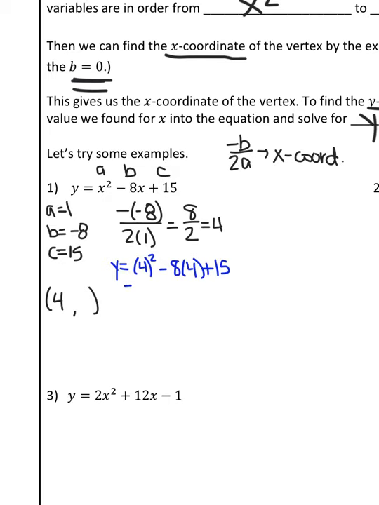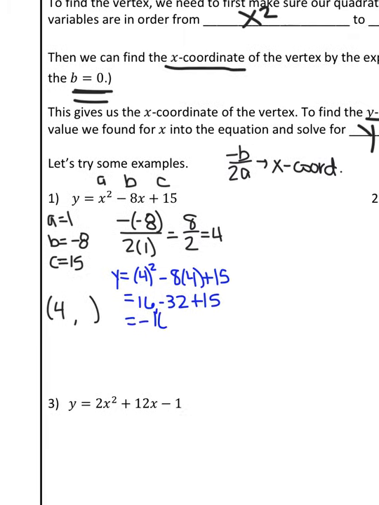So this is 4 times 4 is 16, 8 times 4 is 32, so minus 32 plus 15. And then 16 minus 32 is -16, plus 15, which equals -1. Just kind of going in order of operations. If you're plugging it into a calculator, you'll see that too. I would not plug it into a calculator until you get to this step.